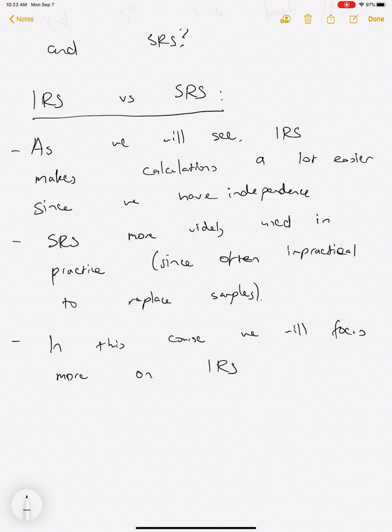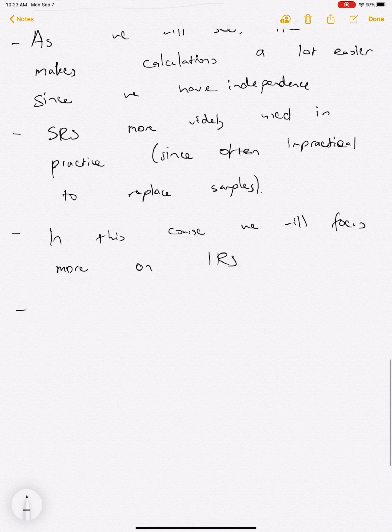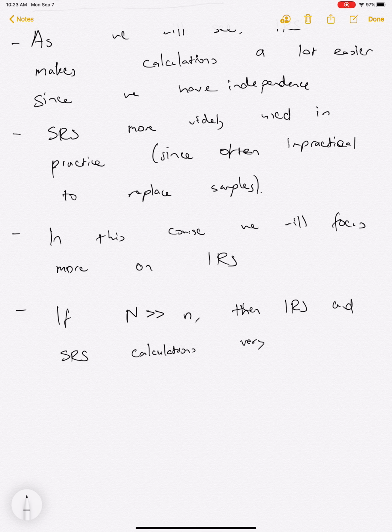The second reason, which we'll also see in the calculations today, is that if capital N is much larger than little n, then the IRS and SRS calculations are very similar.